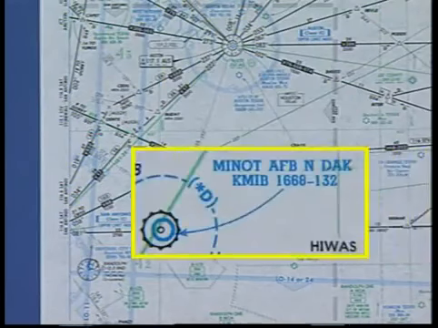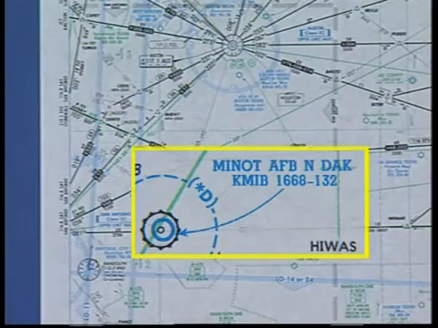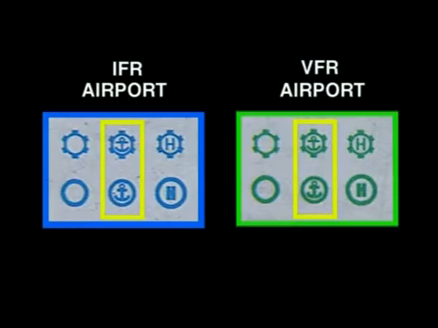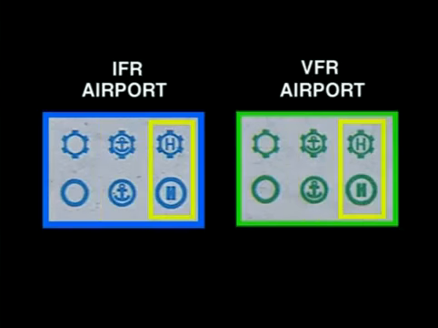And military IFR airports are shown by smooth blue circles. Both civil and military seaplane bases are charted with an anchor inside the appropriate symbol. Heliports are labeled with an H. Notice again that IFR airports are in blue, and VFR airports are in green. Civil airports have cogs, and military airports are smooth.